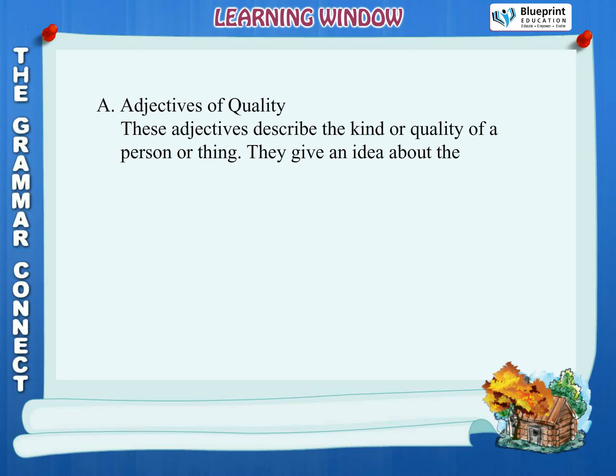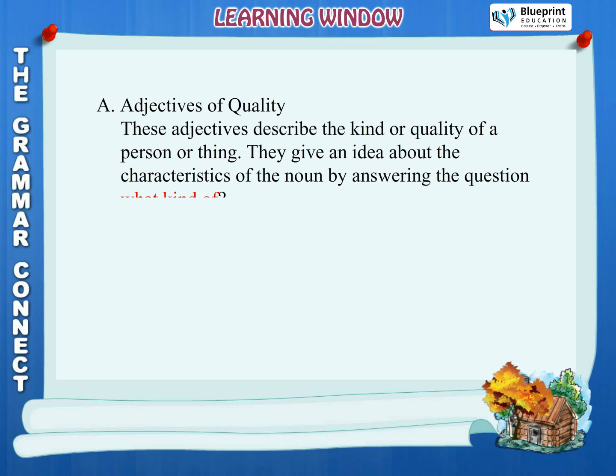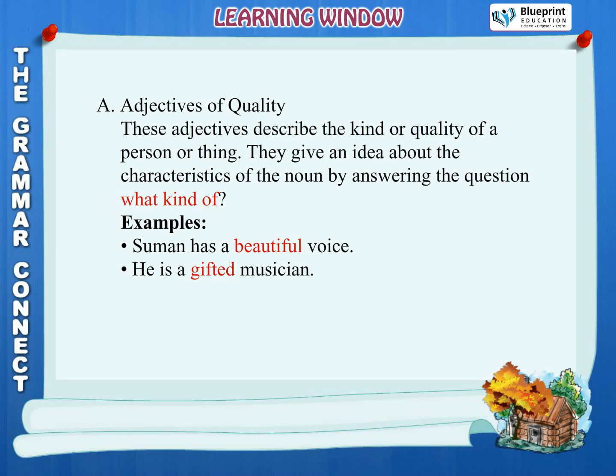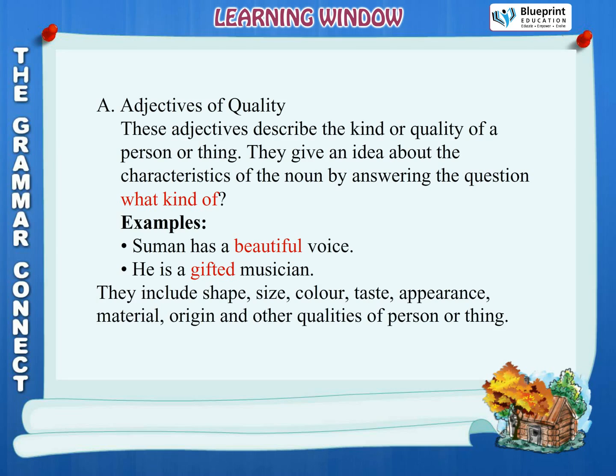They give an idea about the characteristics of the noun by answering the question, what kind of? Examples: Suman has a beautiful voice. He is a gifted musician. They include shape, size, color, taste, appearance, material, origin, and other qualities of person or thing.